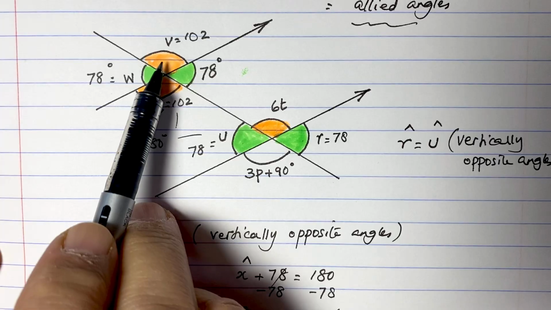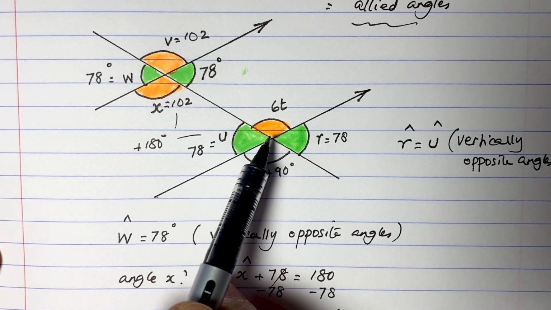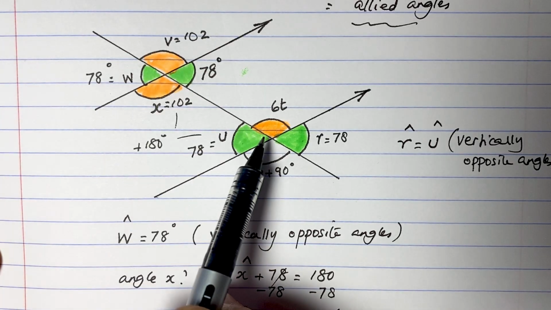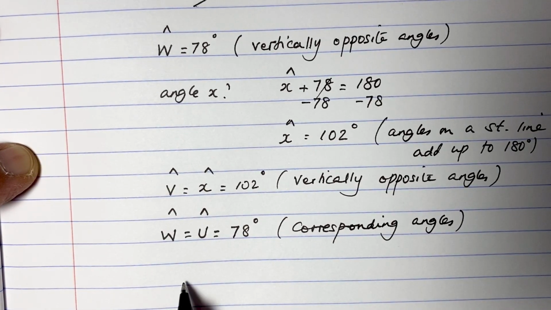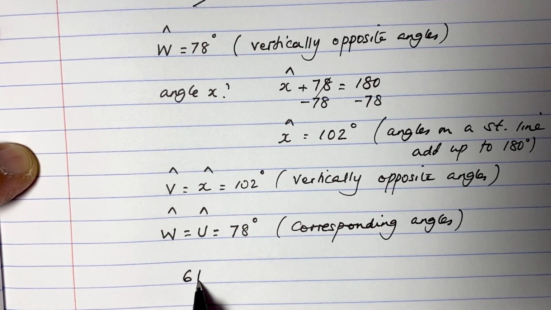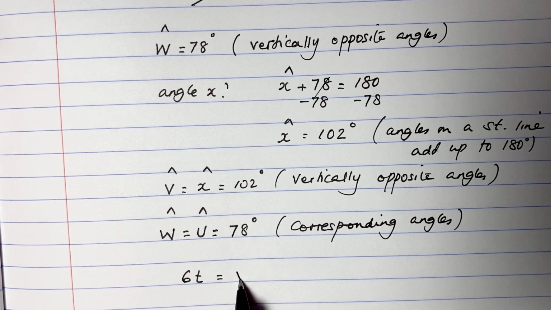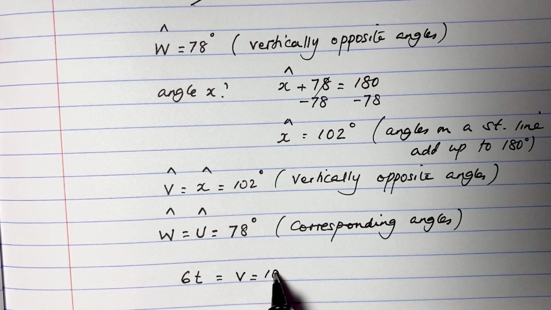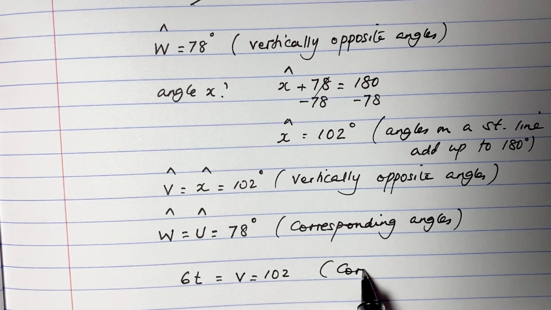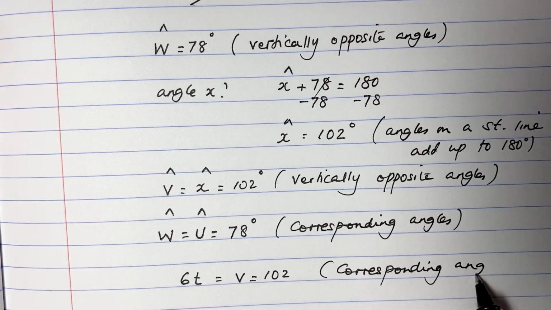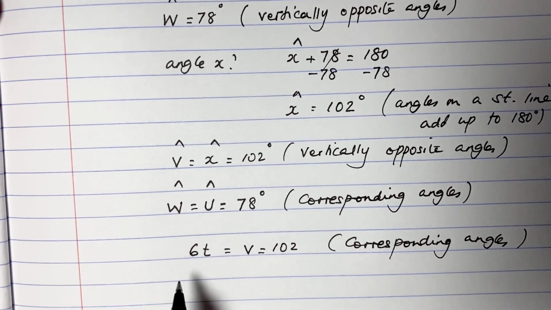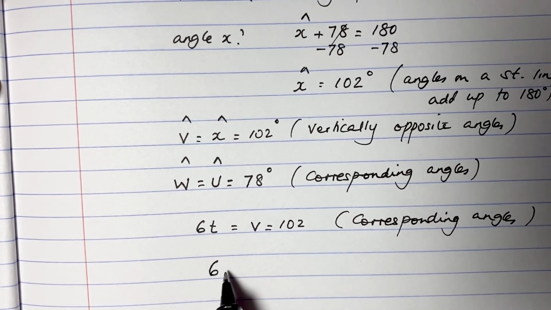I would go for V equals 60 equals 102 degrees, corresponding angles. So we need to find the value of T now.